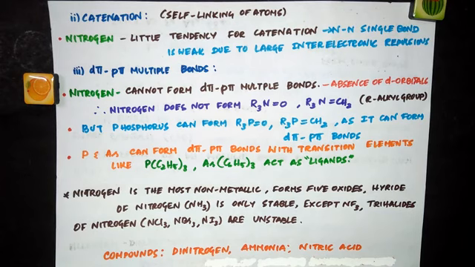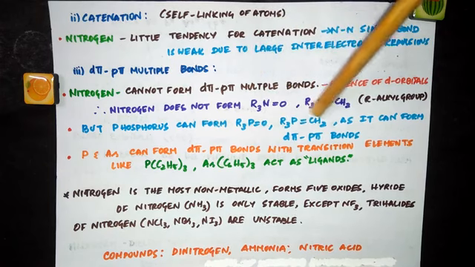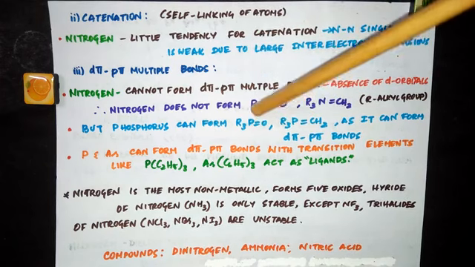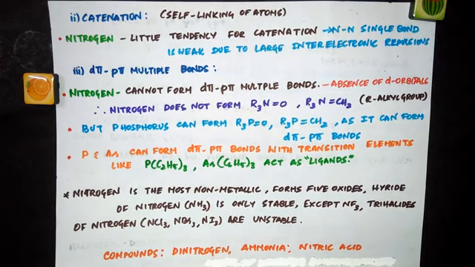But the rest of the members in the family have d orbitals in their valence shell, so they are capable of forming dπ-pπ multiple bonds. That is the reason why phosphorus can form compounds of type R3P=O, R3P=CH2. Phosphorus can form this multiple bond because it can form dπ-pπ multiple bonds.